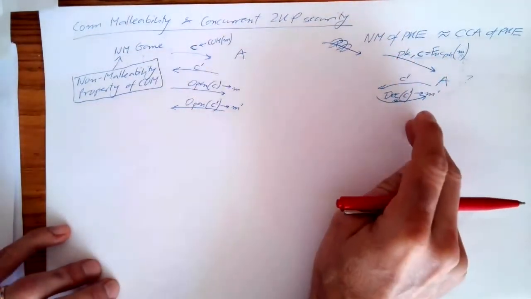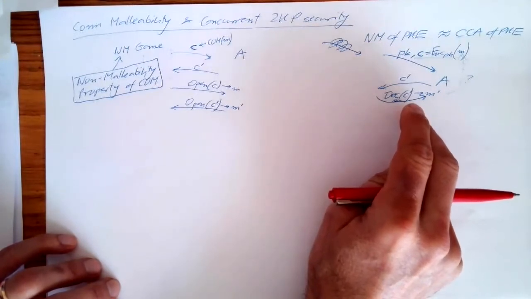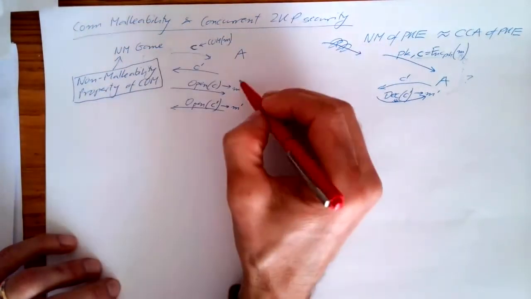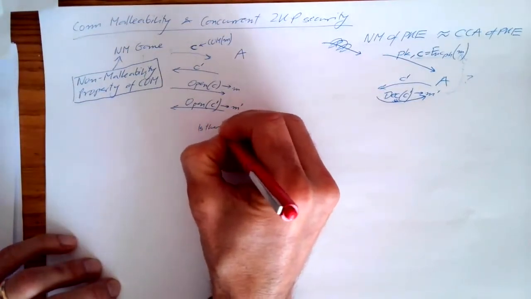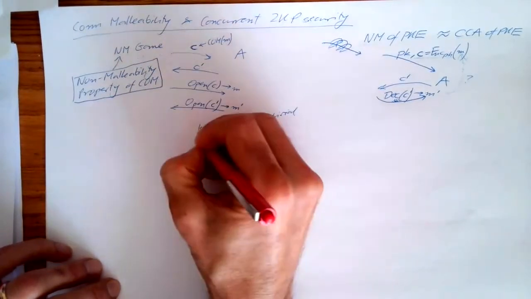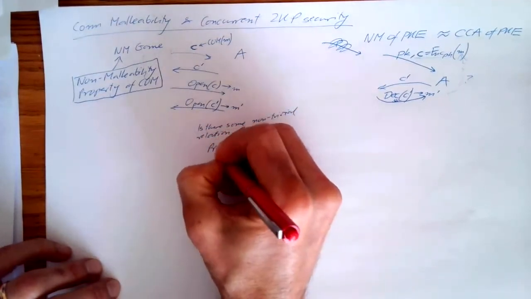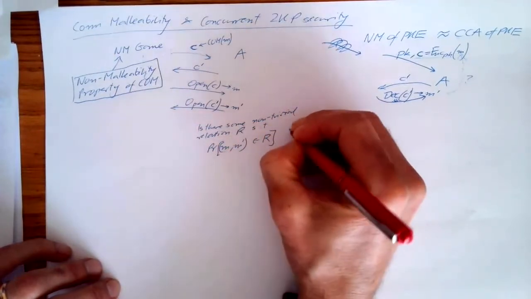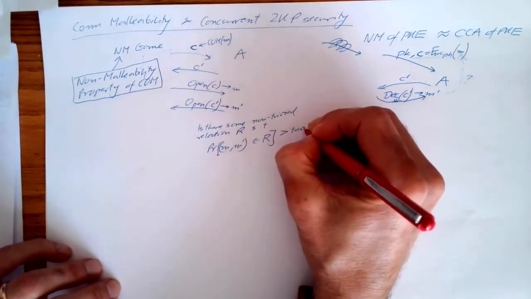This is not a formal definition of what non-malleability is, but basically, the question is whether there is some non-trivial relation R such that the probability that M and M prime belong to this relation is different than the trivial one.